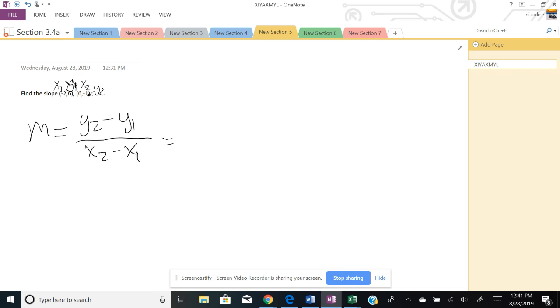Now I can place them in. That gives me -1 minus 6 all over 6 minus -2. That makes a plus. So -1 minus 6 is -7, and 6 plus 2 is 8. So therefore, my slope is -7/8. Not too bad.